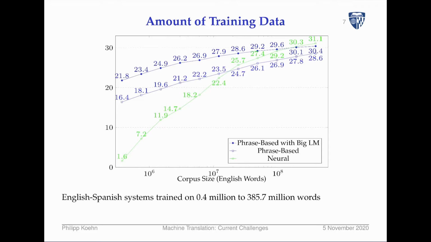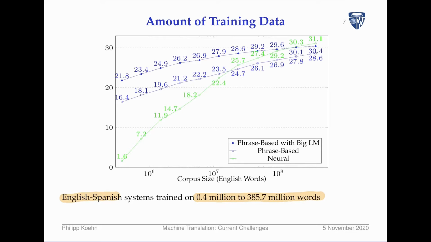Here's a chart that got quite famous. It compared phrase-based machine translation performance and neural machine translation performance on an English-Spanish data set, pretty much the same that was used for the WMT news translation competition, but it varied the amount of training data from about 400,000 words to almost 400 million words.